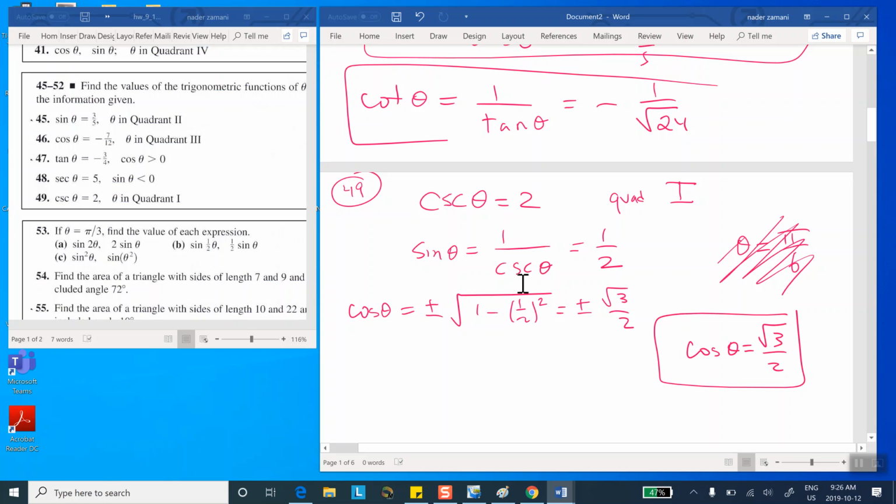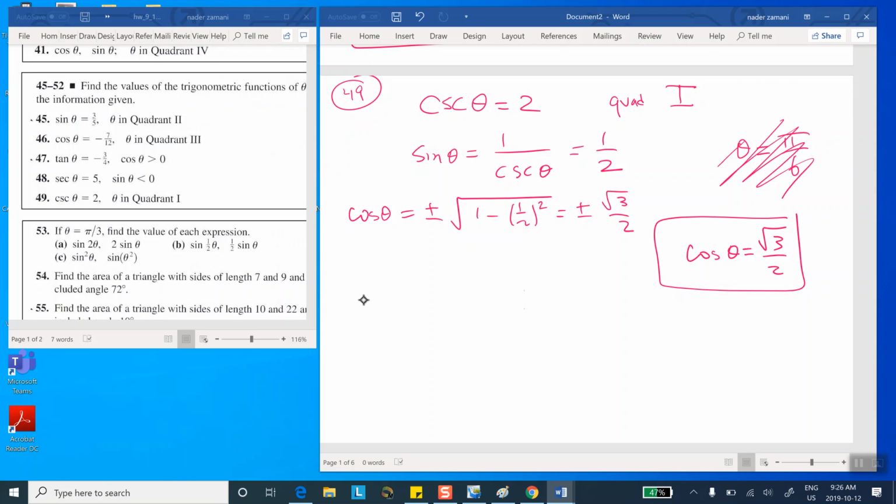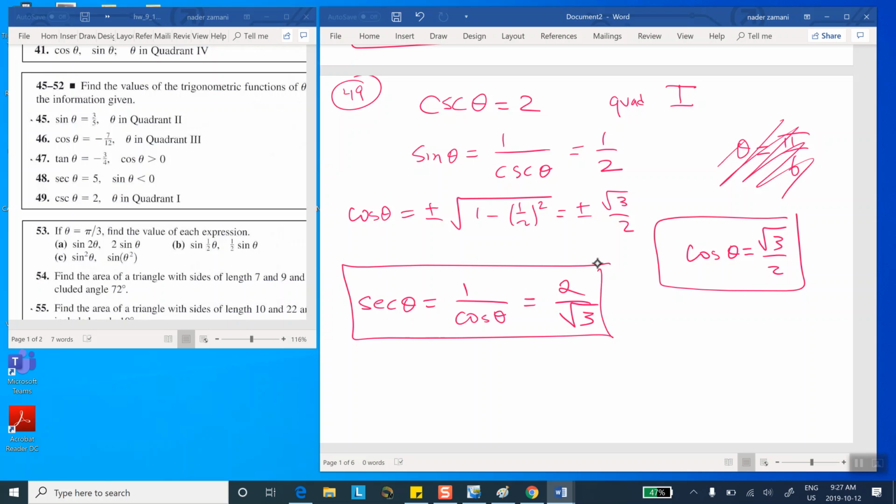Let's see what else we have here. We have secant of theta, immediately 1 over cosine of theta, which is 2 over root 3. Okay, that takes care of this. And cosecant was given to us. Tangent of theta equal to sine theta over cos theta.